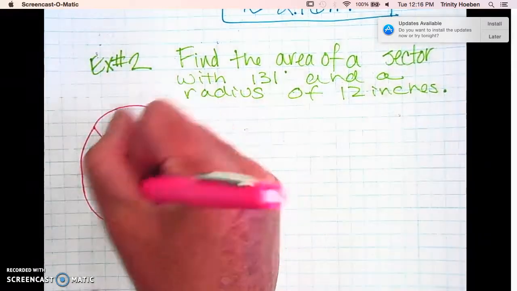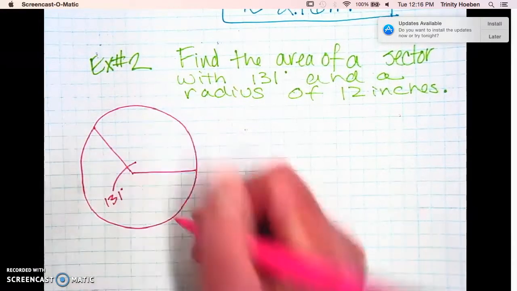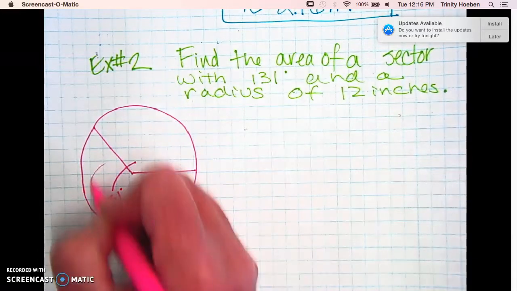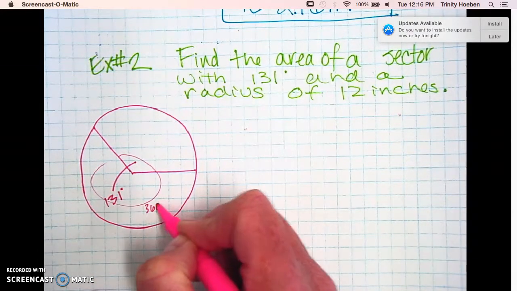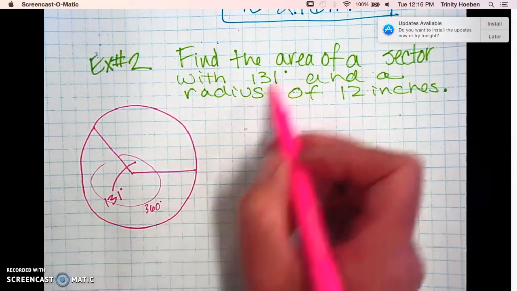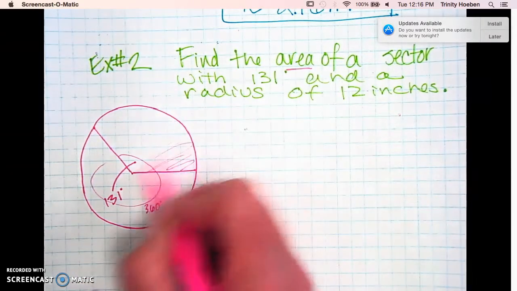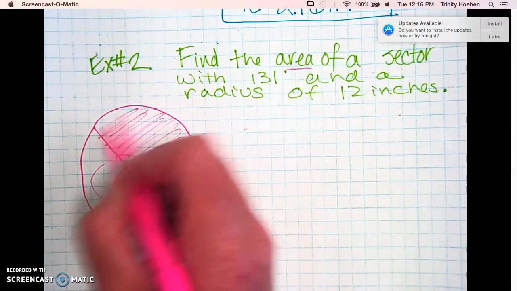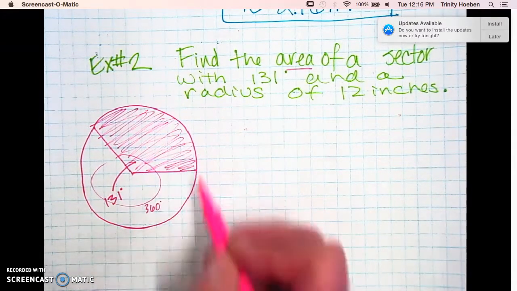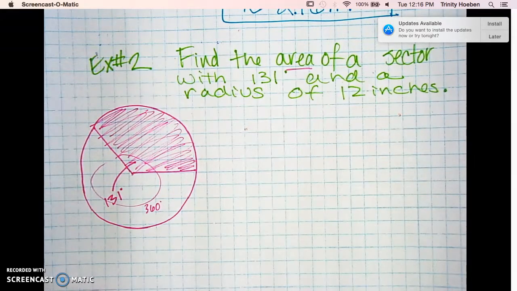Okay, so we'll say this is 131 degrees of the full 360, okay? We want the area of it, not just the arc length, but the whole area. So I'm going to shade inside that area of that sector.